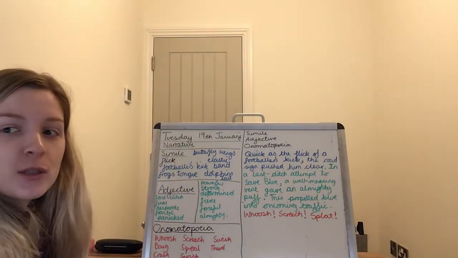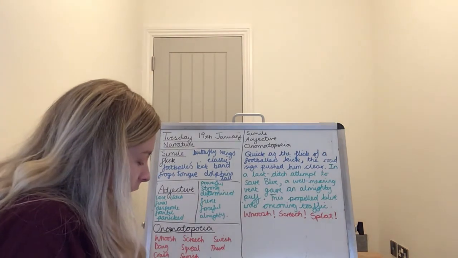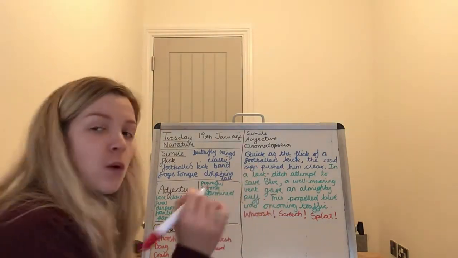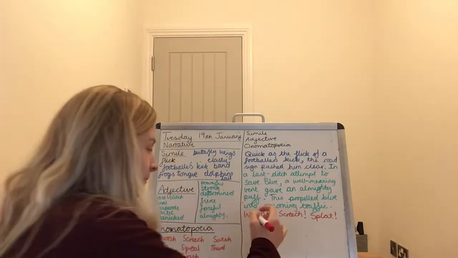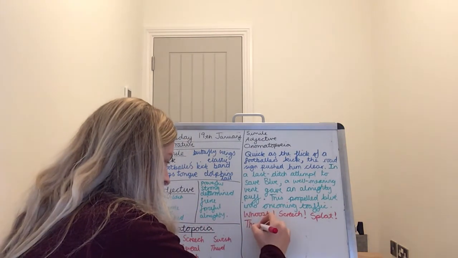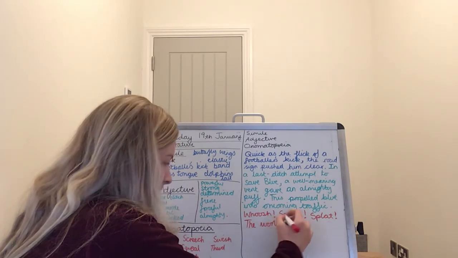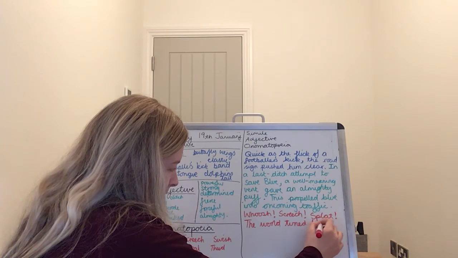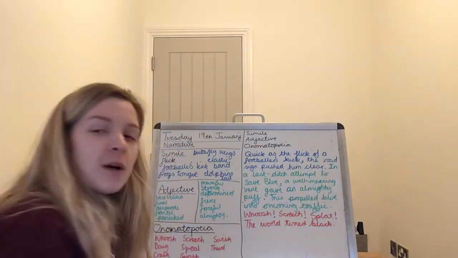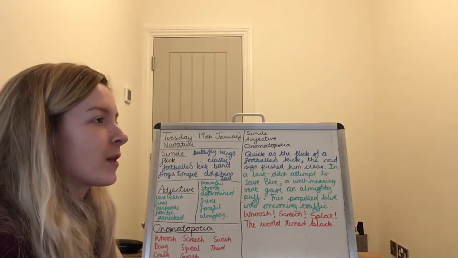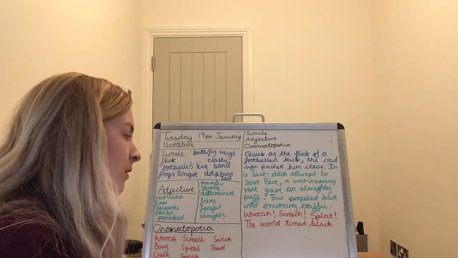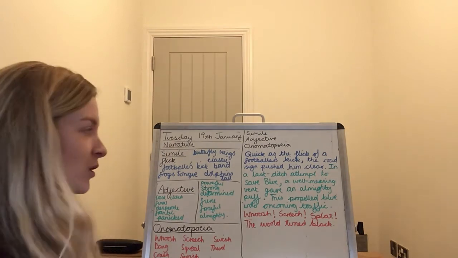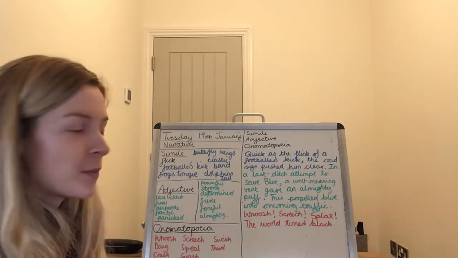Whoosh, screech, splat! What happened? What was the last thing that we saw? The world turned black. You might say everything turned black. Up to you how you write that last sentence, but tell me that the last thing we saw was everything turned black.